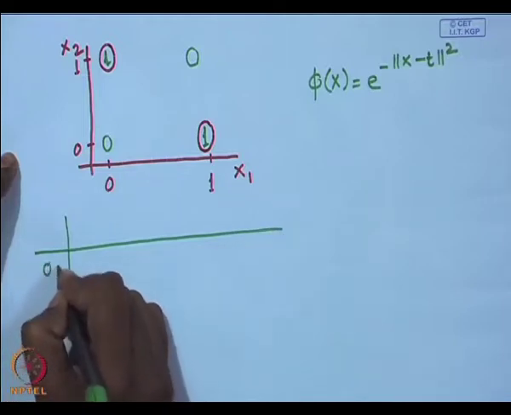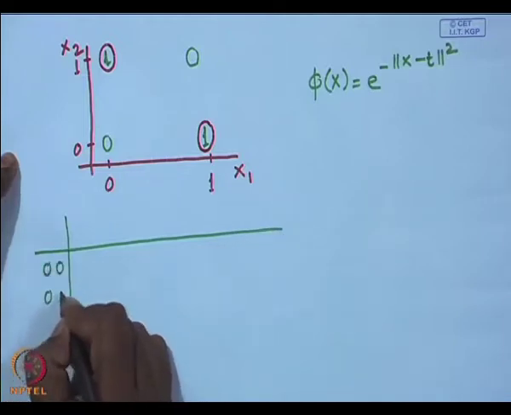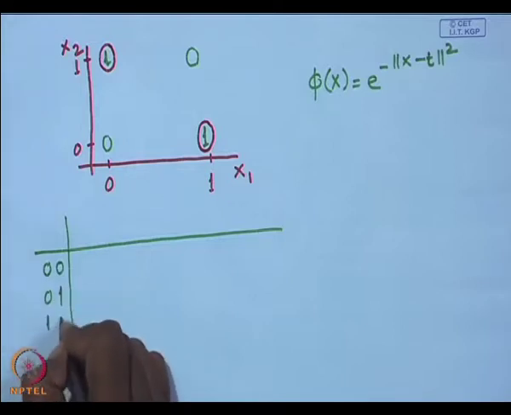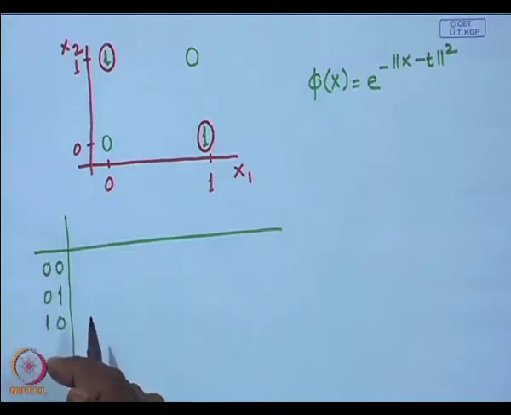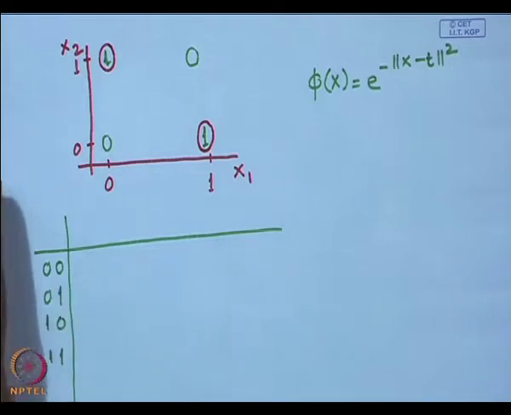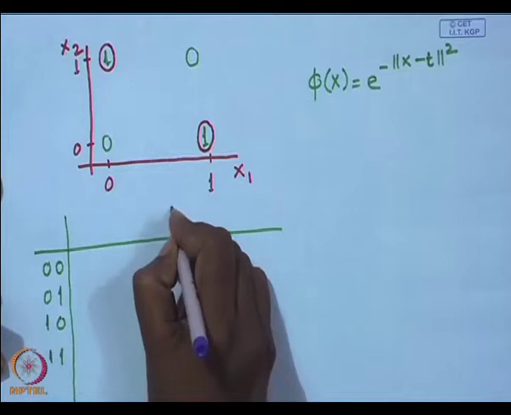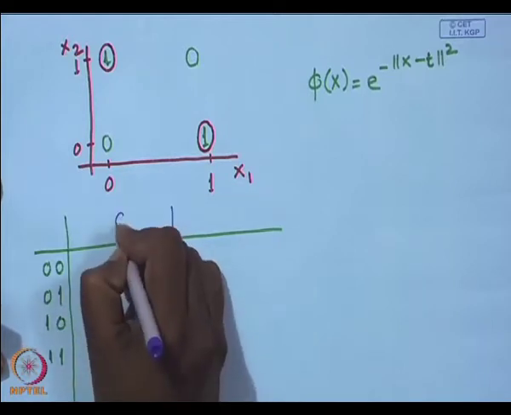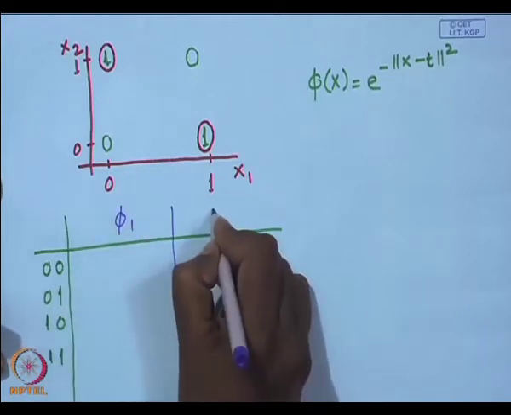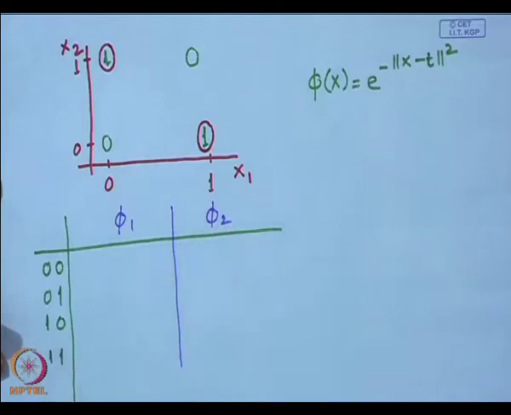My inputs are 0 0, 0 1, 1 0 and 1 1, and I will have the output functions. One is phi 1 and the other one is phi 2.